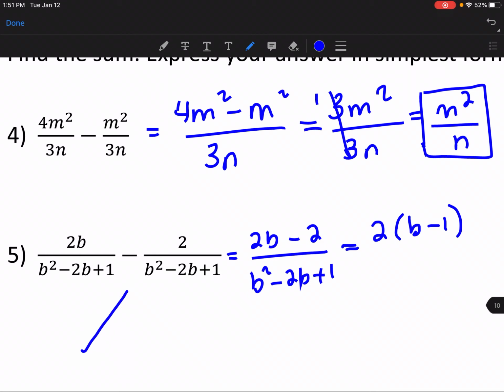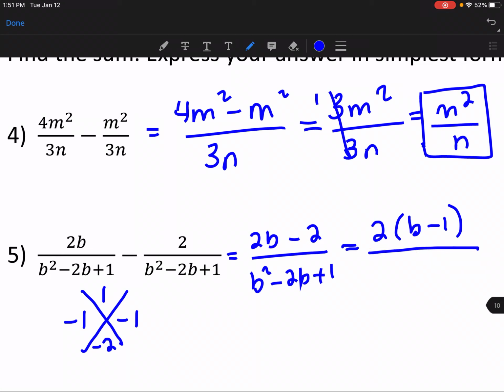If you recall, when we did factoring, I'm looking for two numbers that when I multiply, I get 1, and when I add, I get negative 2. For 1, obviously it's 1 times 1. But since the sum needs to be negative, it's negative 1 times negative 1. That's a 1, and when I add negative 1 and negative 1, it gives me negative 2.